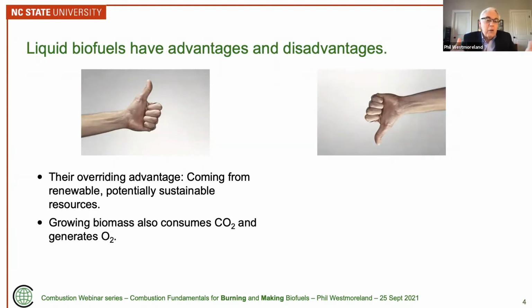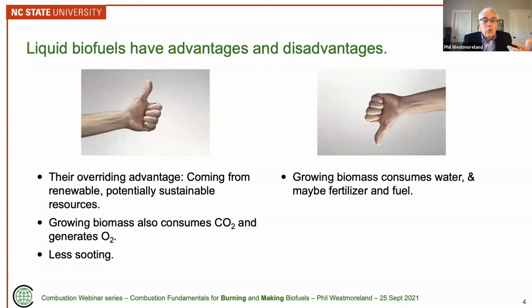Furthermore, biomass uses CO2. It consumes carbon dioxide and generates oxygen. Of course, that's good. From a combustion standpoint, the fact that these oxygenates are less sooting is a great advantage.